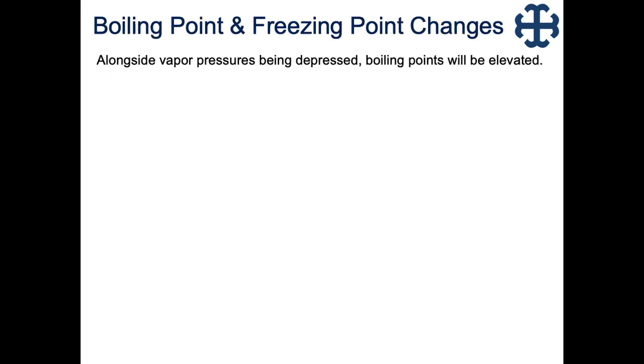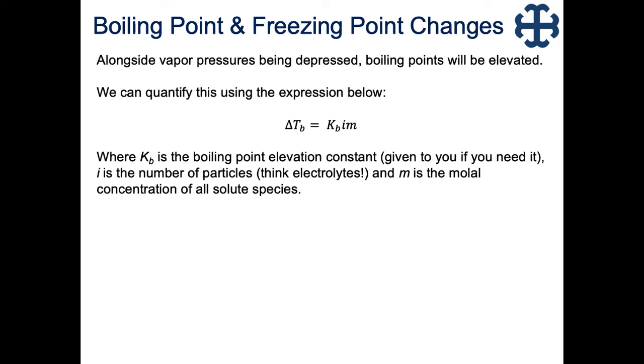Next up, boiling point and freezing point changes. And so we talked about these conceptually. If we talk about boiling point, our changes in boiling point temperature can be measured by multiplying some constant. This is the boiling point elevation constant.